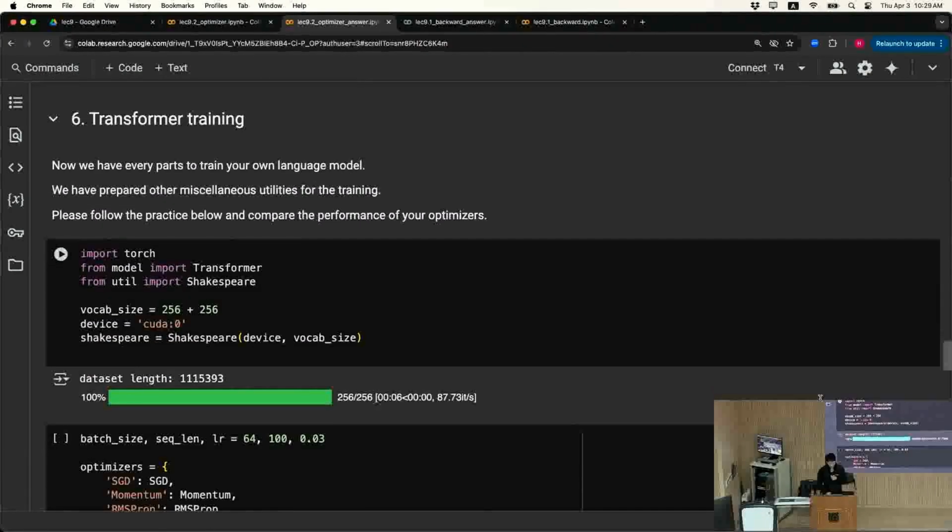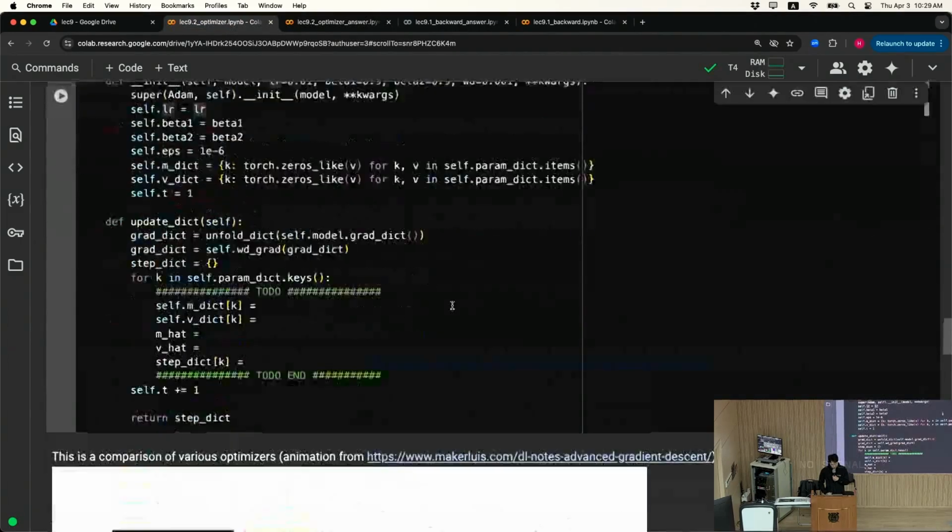Okay, so let's take our transformer and apply gradient descent.